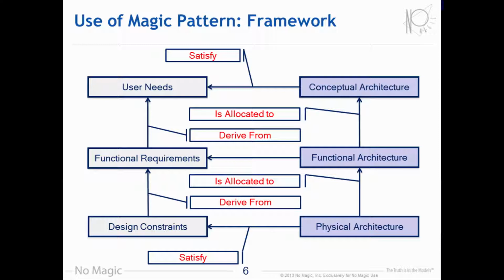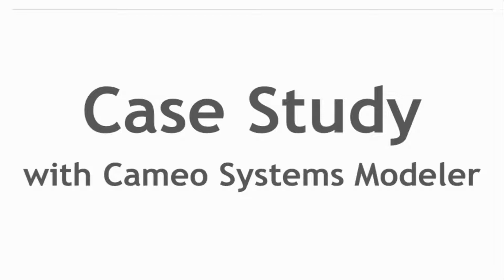But in a short webinar like this, I think the most productive way of trying to understand these concepts is to try a small case study like ATM with the tool and explain the concepts while we're trying. So I'm switching now to the Cameo Systems Modeler, which is a brand new version of MagicDraw, basically with SysML plugin and SysML capabilities.